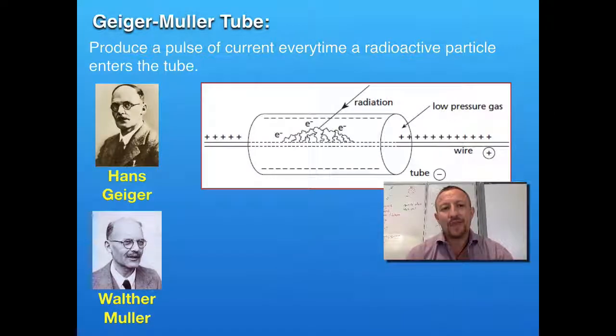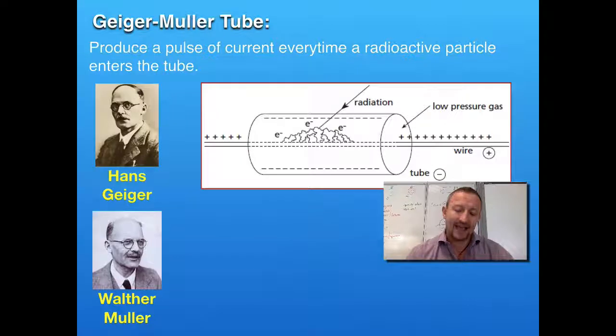Now, from there, we then moved on to the Geiger-Muller tube. Now, we all know about the Geiger-Muller tube. That's basically a tube, and probably what most people understand is it's a tube linked to a box and it clicks. And the more it clicks, the more radioactive the sample is. But what actually happens is it again uses this ionizing ability of the radioactive particle.